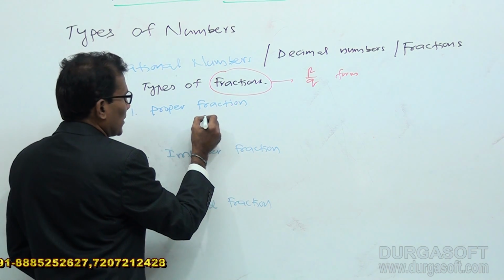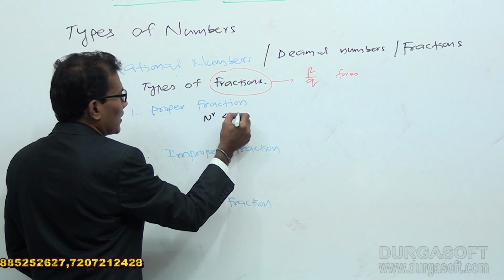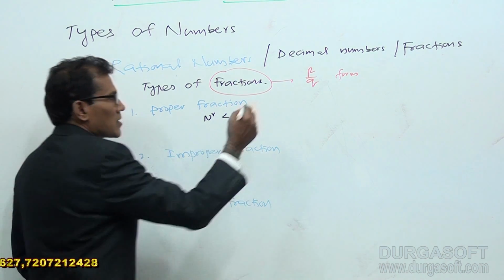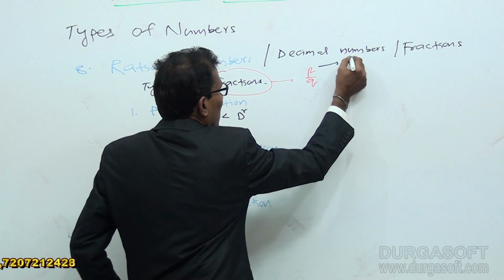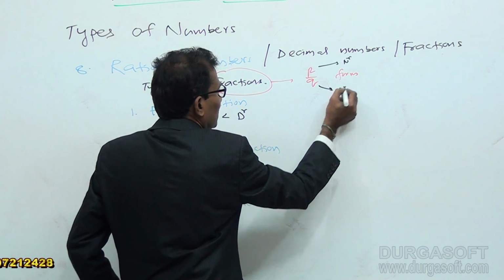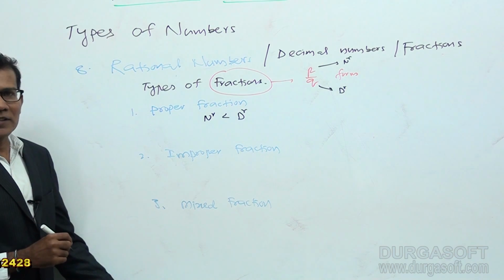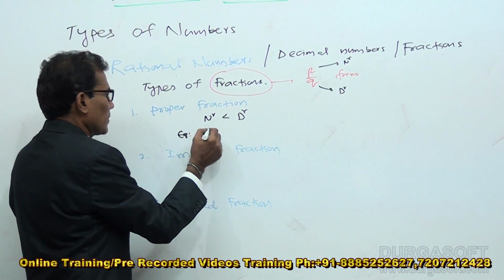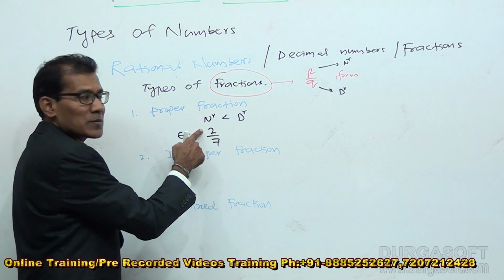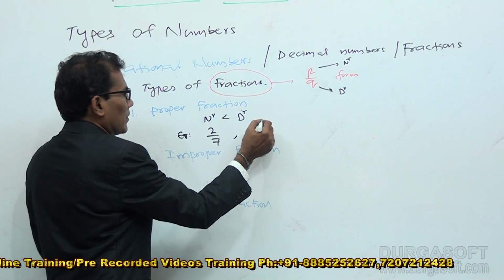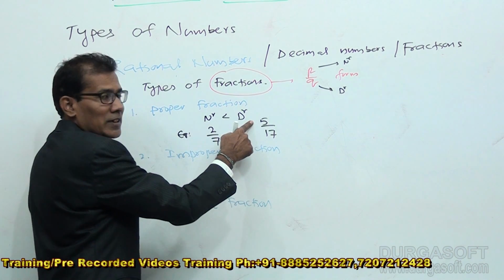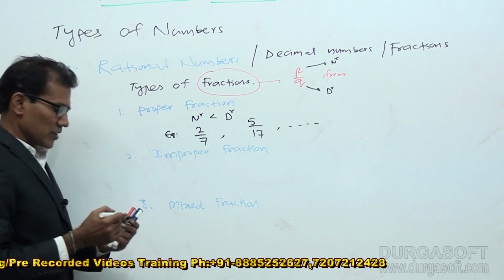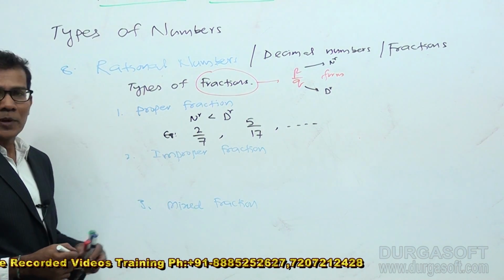Example 2 by 7, 2 is smaller than 7. 5 by 17, the numerator is smaller than denominator. So these all are proper fractions.